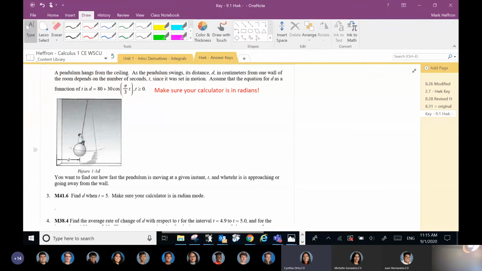I would plug in t inside the parentheses of the pi over 3. You're saying, I know D is equal to 80 plus 30 cosine pi over 3 t, and where that t is, you would put 5.